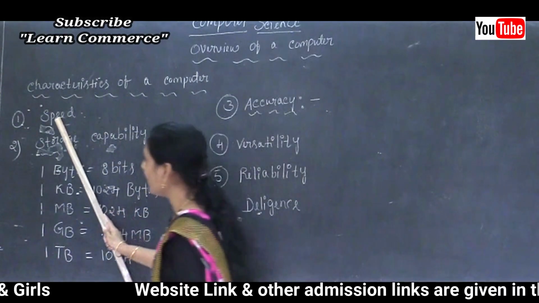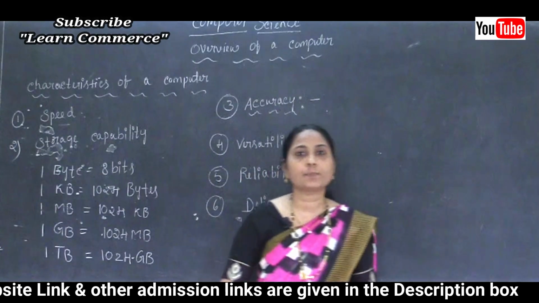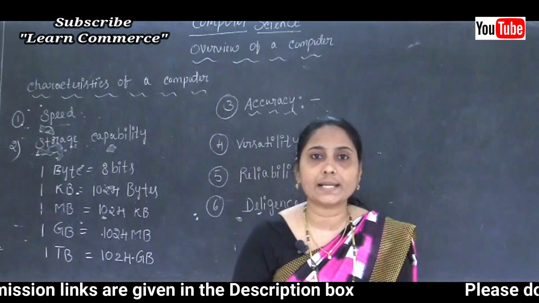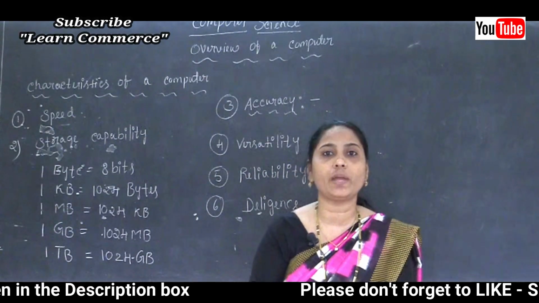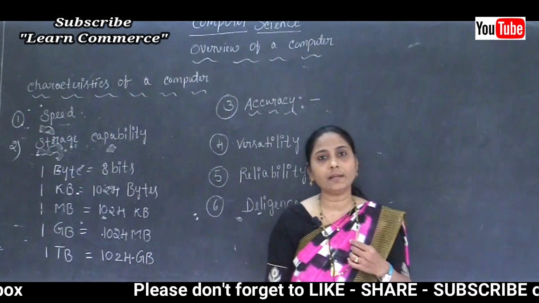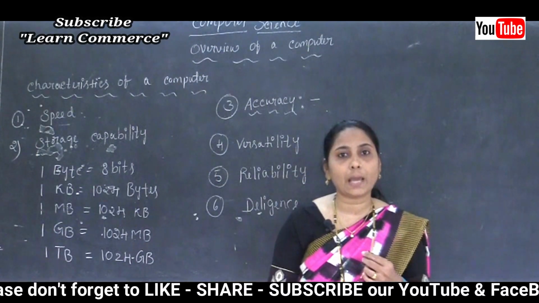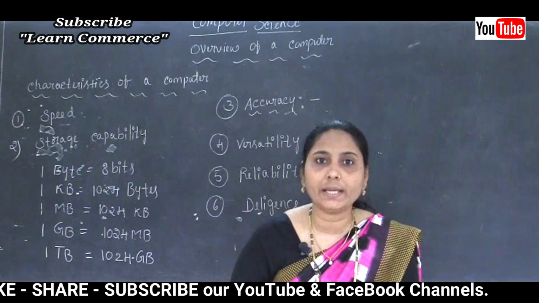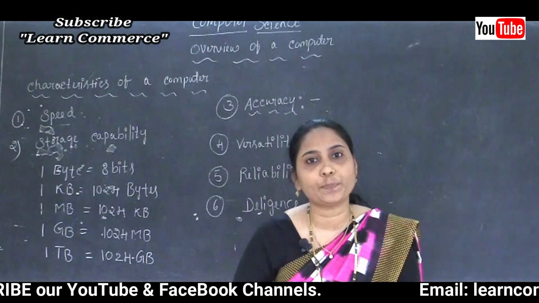Now the first point is the speed. How can we say it is a characteristic of a computer? We know that the computer is capable of performing calculations at very high speed.